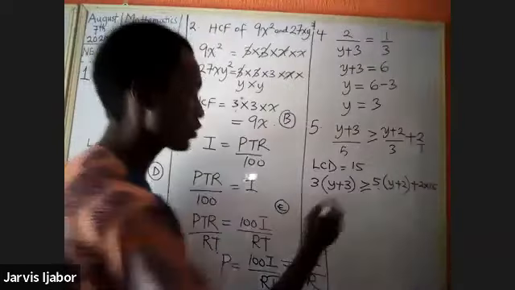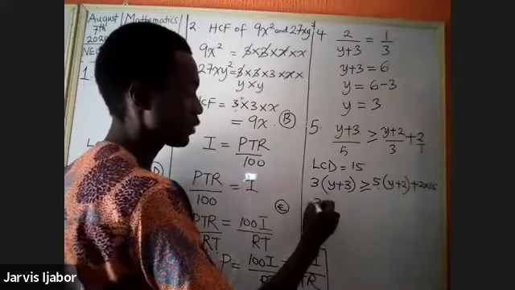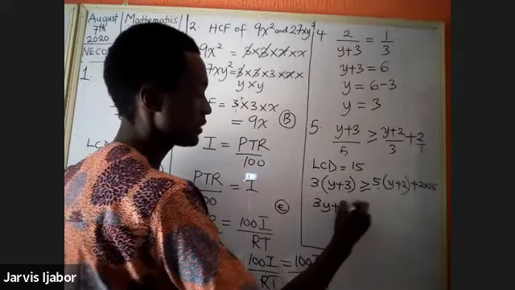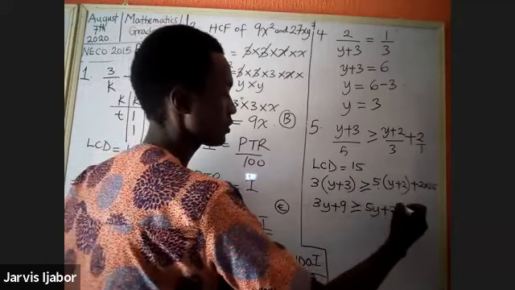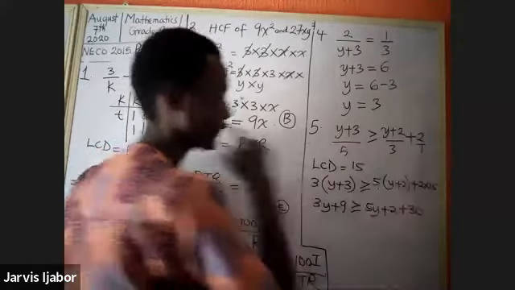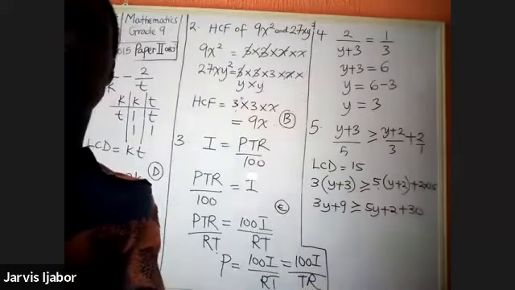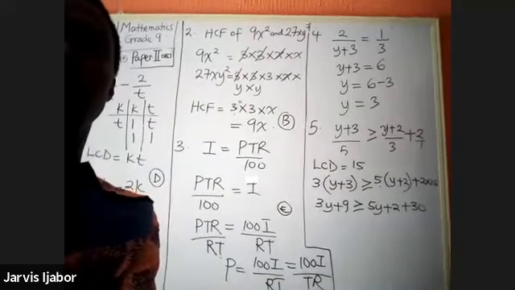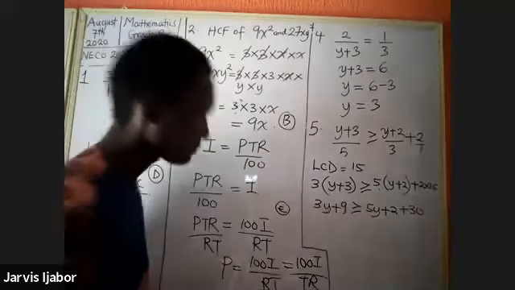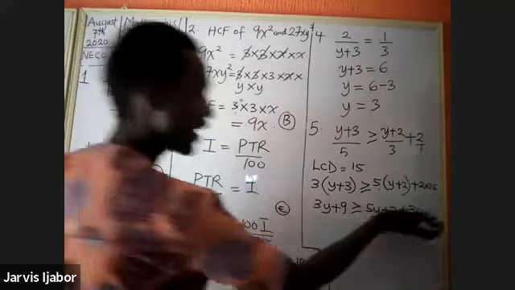And that will be equal to 3y plus 9 greater than or equal to 5y plus 2 plus 30. Now, simplify this part.